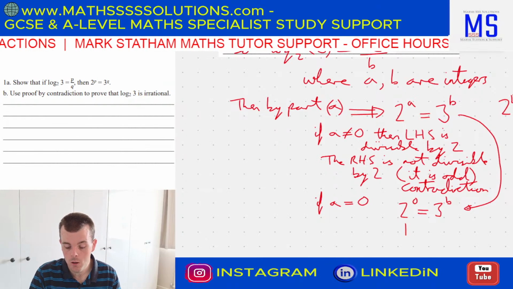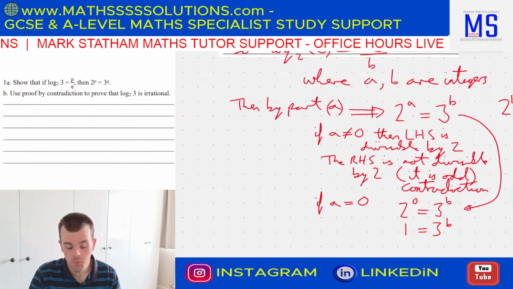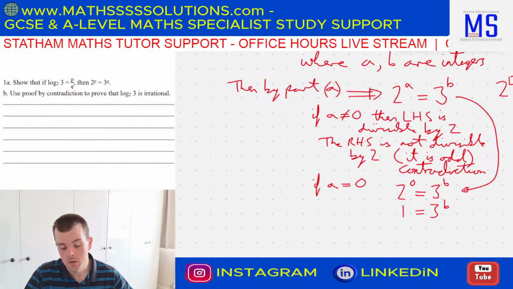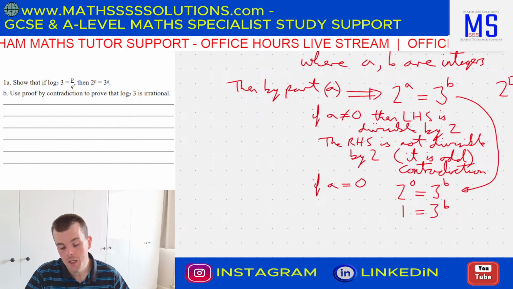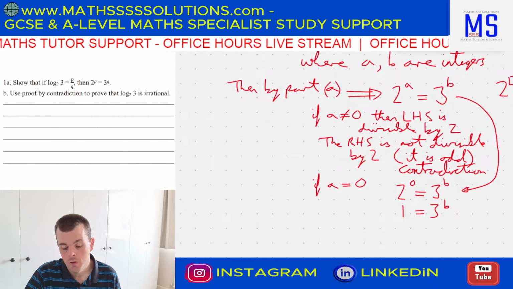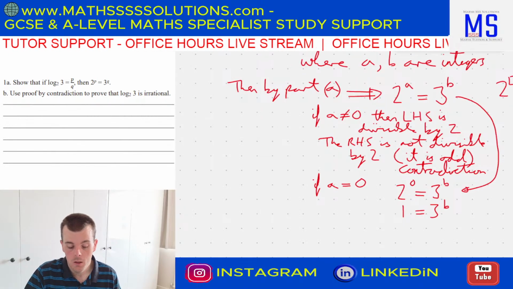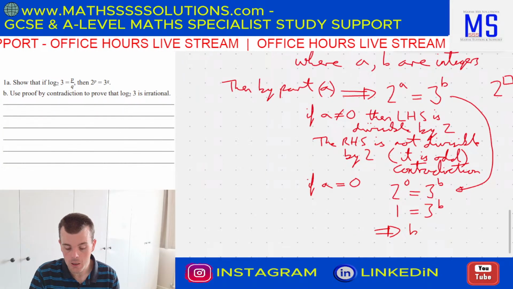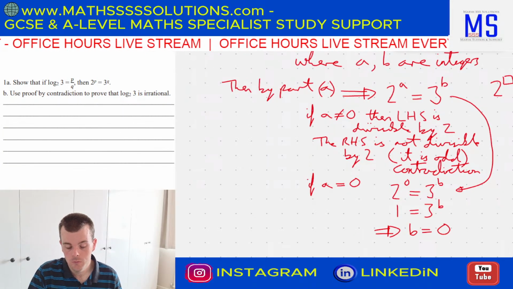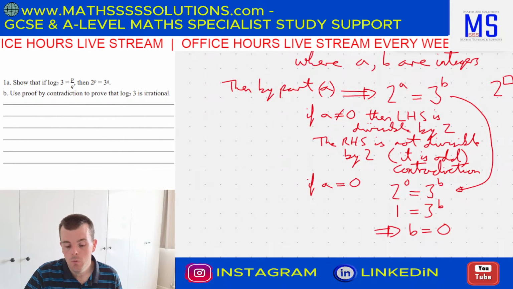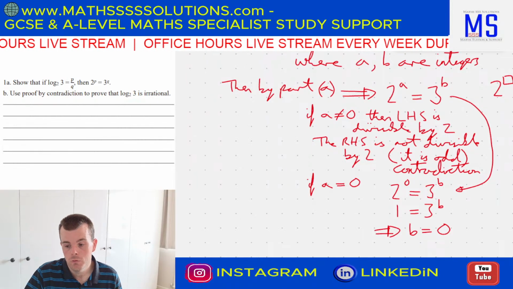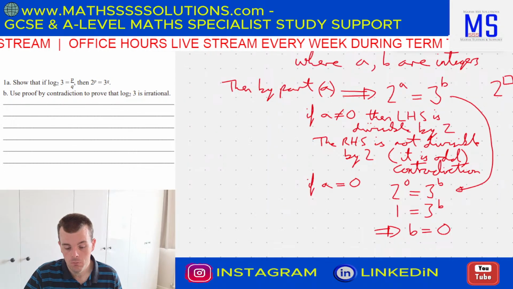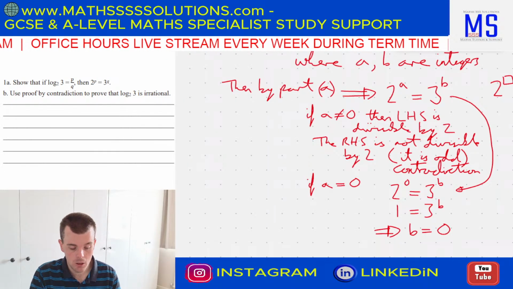In other words, 1 equals 3 to the power of b. And what we come down to is A has to be 0, but also that would imply b has to be 0, because the only way 3 to the power of something can be 1 is if b equals 0 as well. So in other words, the only way 2 to the power of a equals 3 to the power of b is if both a and b equal 0. Why would this be a contradiction?